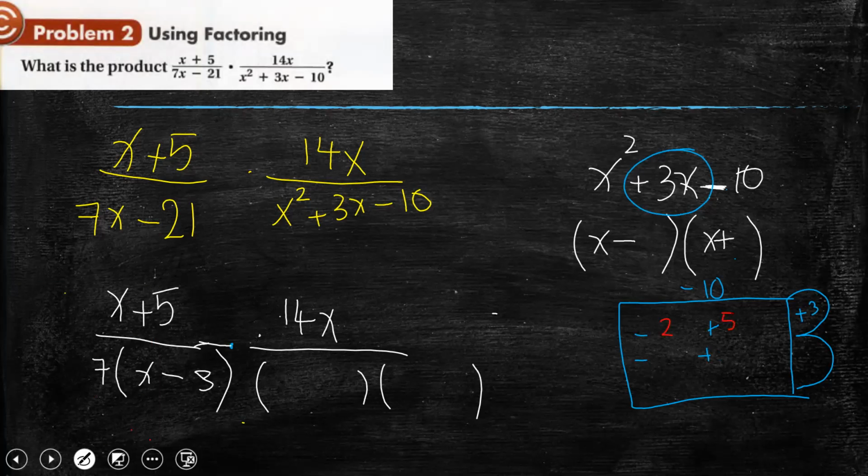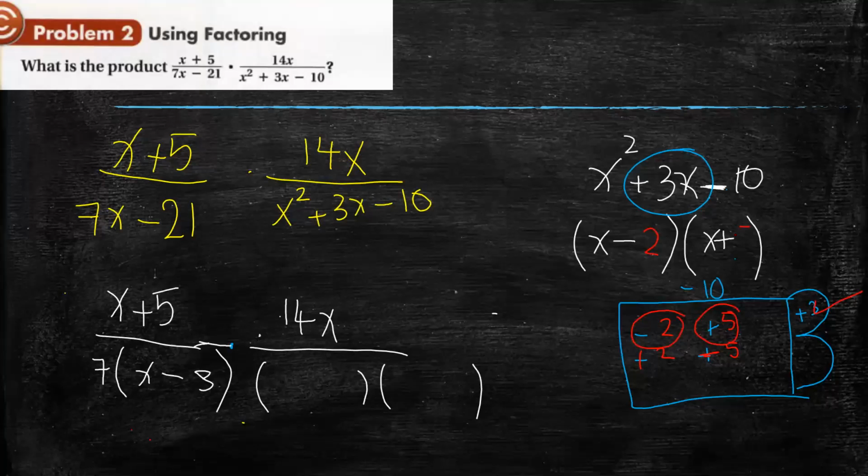Bravo. Negative 2, positive 5. Now add the first pair. Negative 2 plus 5 is 3. Positive 3, so that's what I want. So take negative 2 and positive 5 and bring them here.